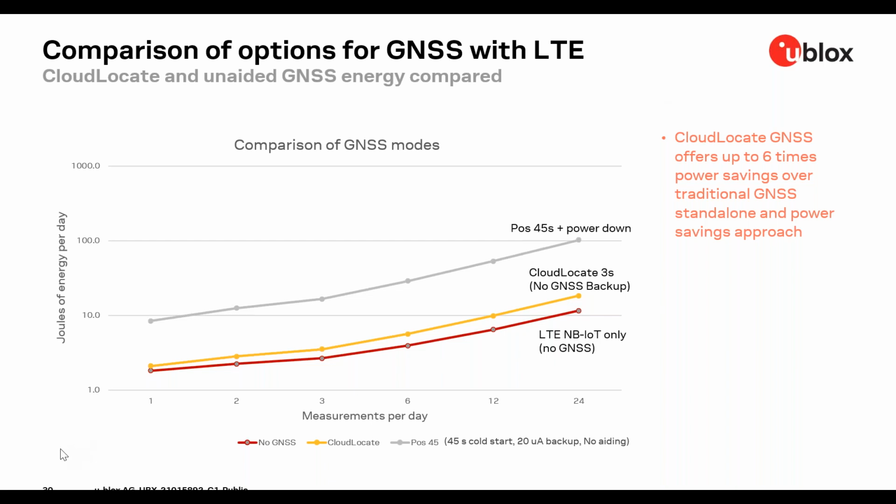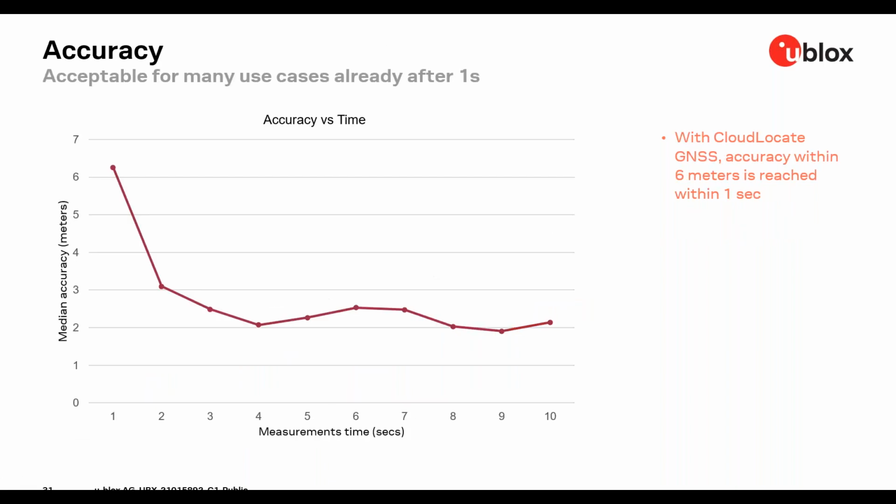Here we have a set of measures in nominal condition, and you can really see that the accuracy is not really bad. On the y-axis, we have the accuracy. On the x-axis, we have the number of measurements, or the time in which the receiver shall stay switched on, from 1 to 10.